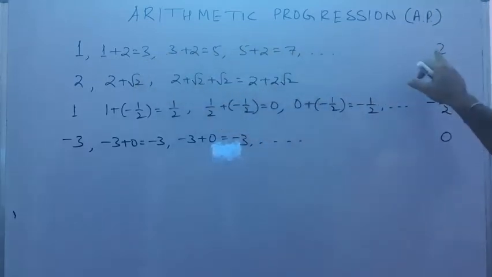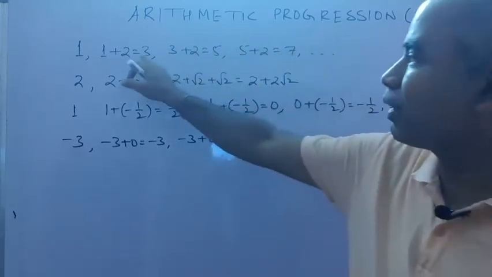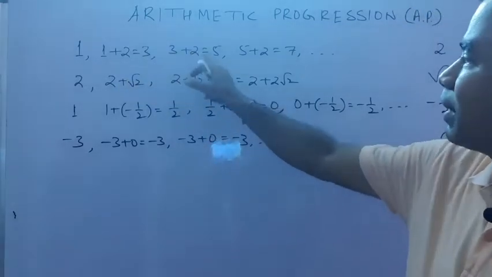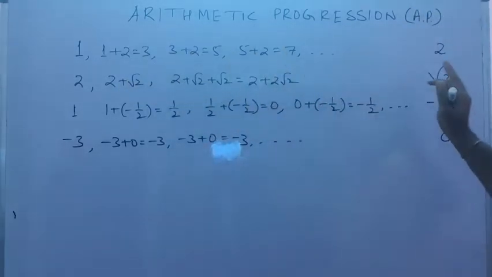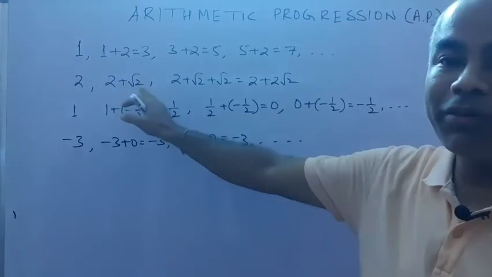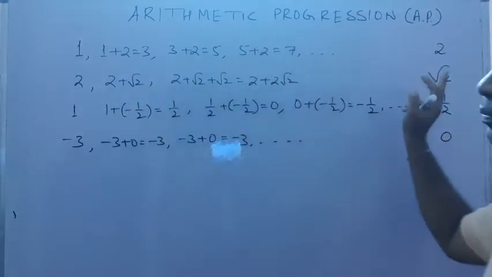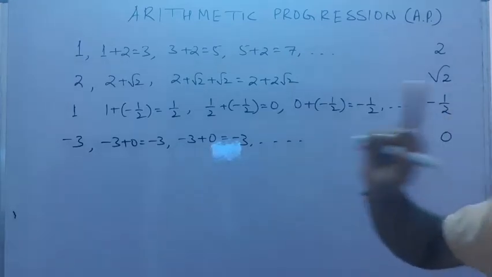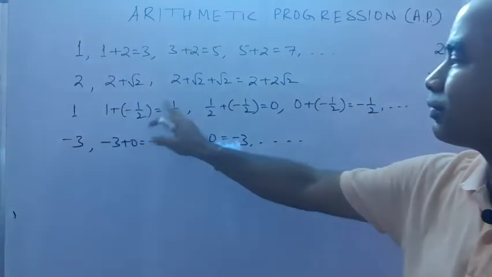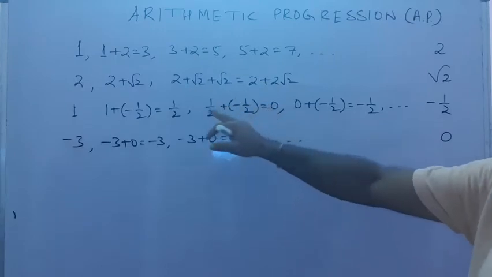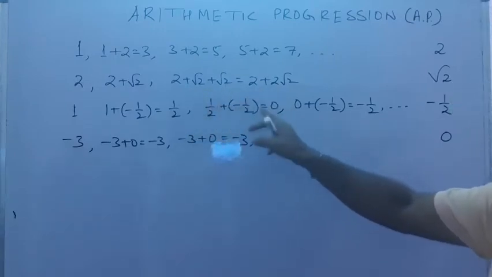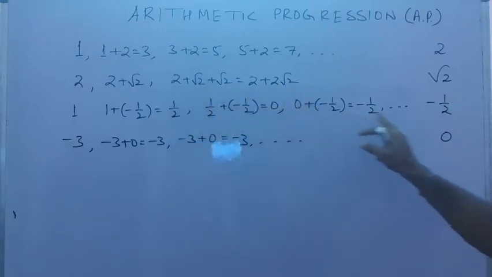Suppose the constant is 2, so my next number will be 1 plus 2, 3, then 3 plus 2, 5, like that. Suppose the constant is root over 2, then 2 plus root over 2, then the third number is 2 plus root over 2 plus root over 2, and so on. Suppose the constant is minus 1 by 2, so first number 1, next number is 1 plus minus 1 by 2, which is 1 by 2, next number is 1 by 2 plus minus 1 by 2, that is 0, like that.